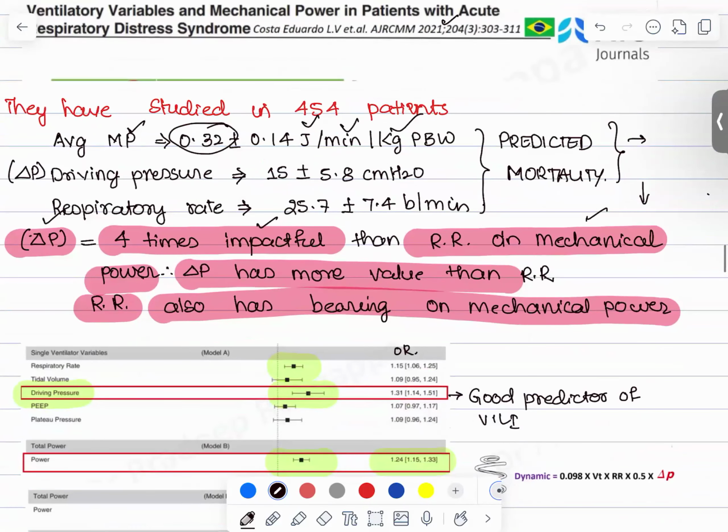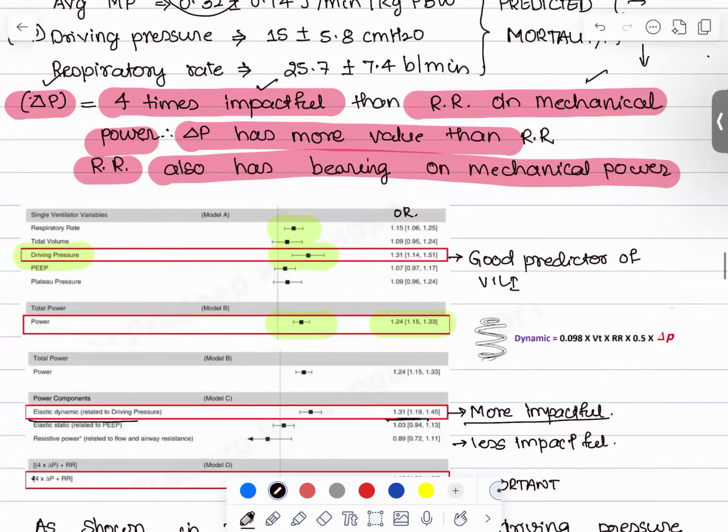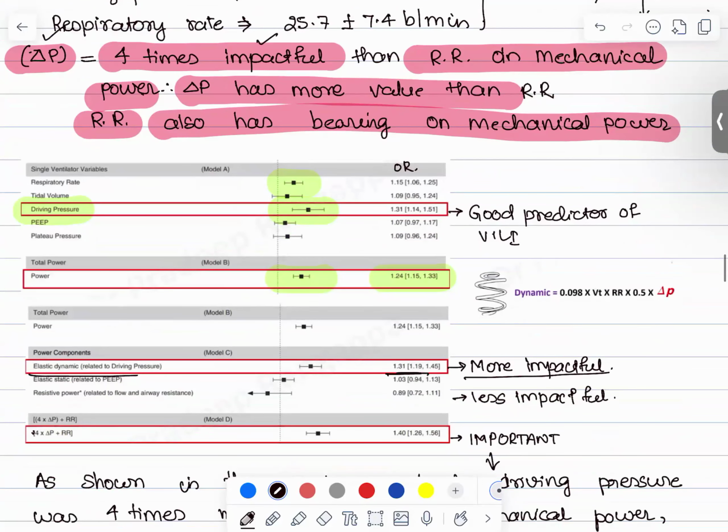And they also found, in this forest plot, that driving pressure has more bearing effect on the mechanical power than the elastic static parameters. Last comes the resistive parameter. You can see in this last graph that the driving pressure has 4 times more bearing effect on the mechanical power than the respiratory rate. This is what has been emphasized in this study.